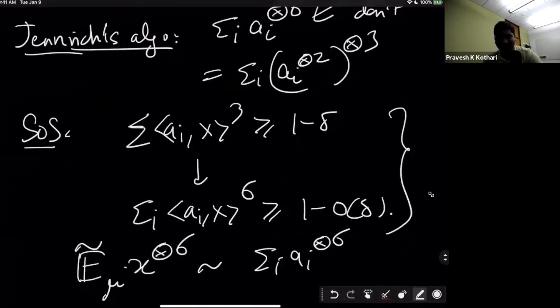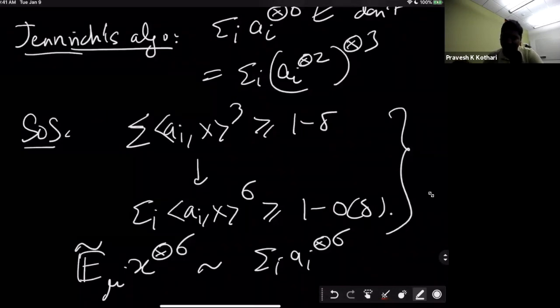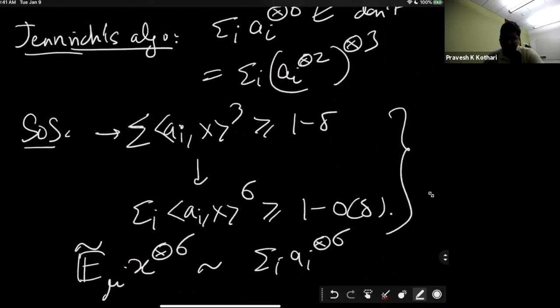In generic situations, even in overcomplete situations, we can start from the AI x to the cube inequality, given just the tensor that we are given as input, and derive this inequality, right?